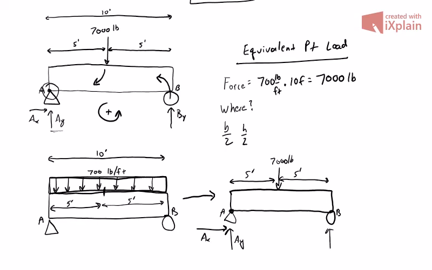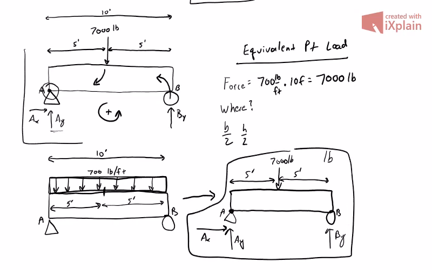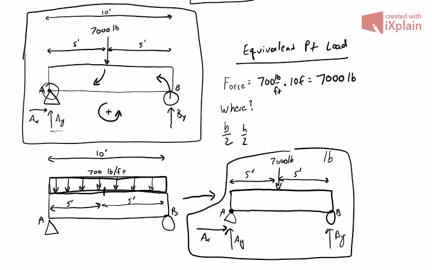B, having only a Y component because it's a roller support. And then at this point, if you look, our equivalent point load for 1B gives us the same picture as our actual point load for 1A. So our solution would be exactly the same. So if we went through, we would find that AY is equal to 3,500 pounds and BY is also equal to 3,500 pounds.